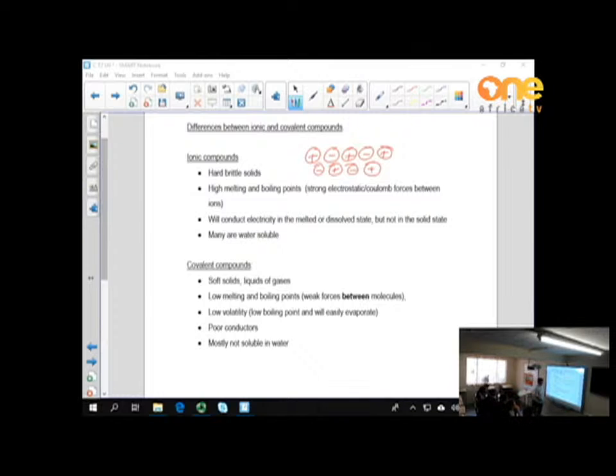So we said that in an ionic compound, the forces between the particles, what are the particles? Ions. What forces do we have between ions? Coulomb forces. Okay, the Coulomb forces are fairly strong. Now, when we look at molecules, it's slightly different.